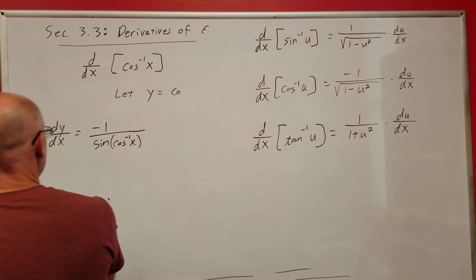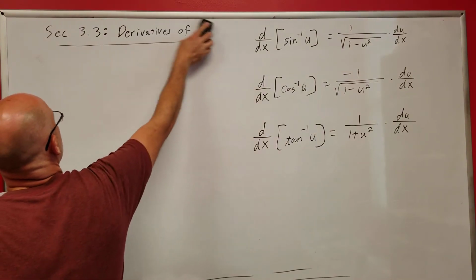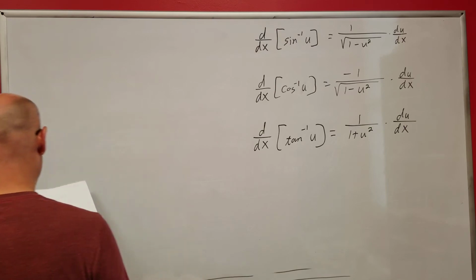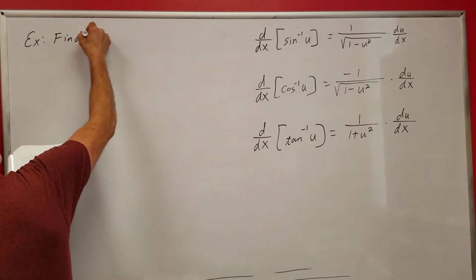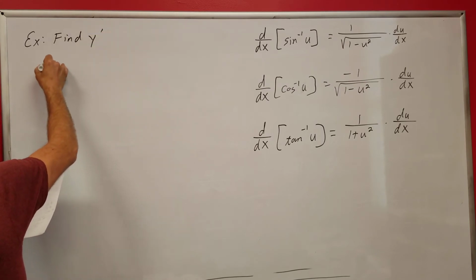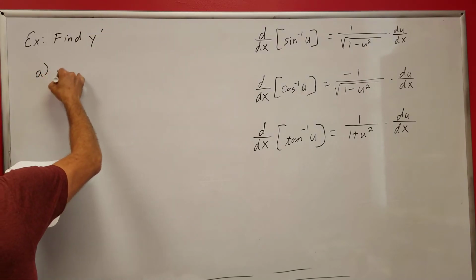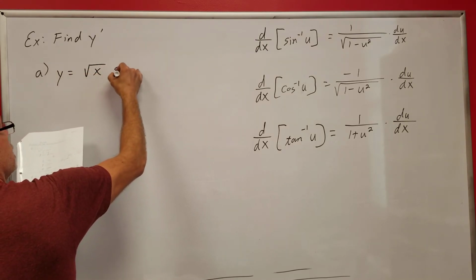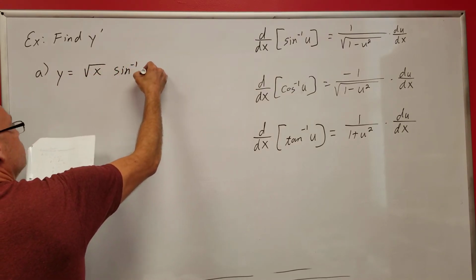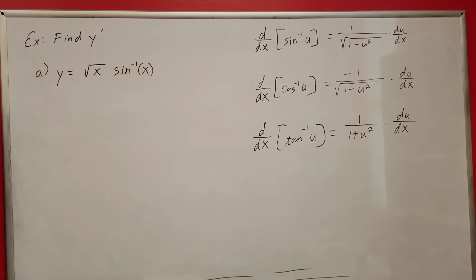All right, let's work some examples now. Suppose we have an example that says find y prime. Part A, y is equal to the square root of x times the inverse sine of x.